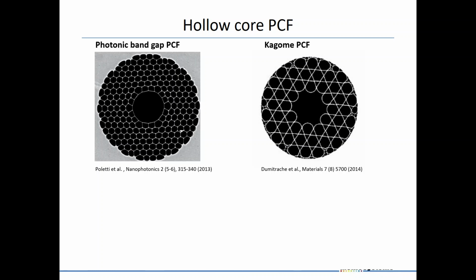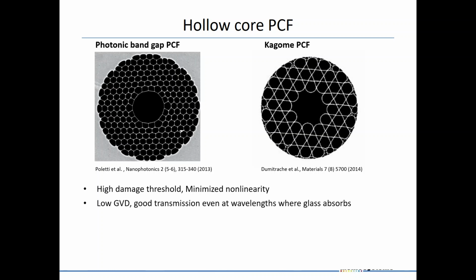These hollow core PCFs have unique properties. They have a very high damage threshold. They minimize nonlinearity. They have very low group velocity dispersion because you have very little material. And they have good transmission, even at wavelengths where the glass absorbs. This makes them very interesting for a variety of applications.